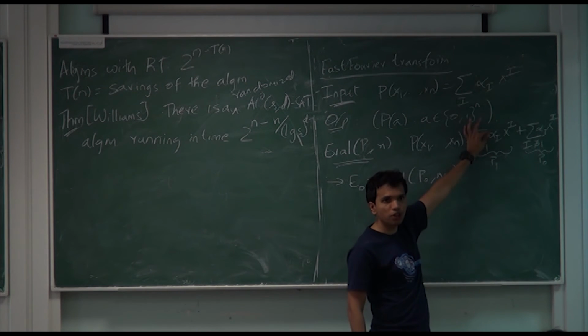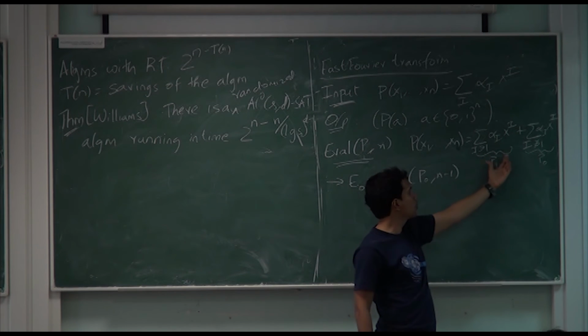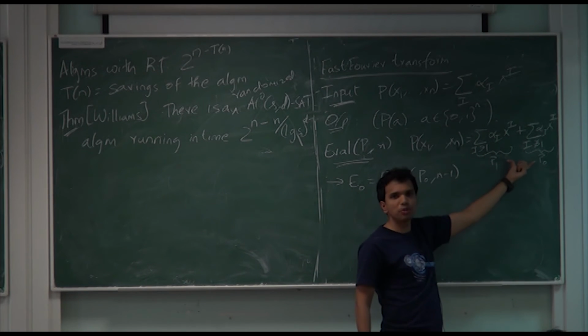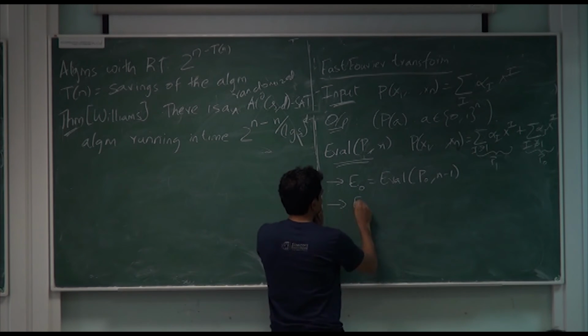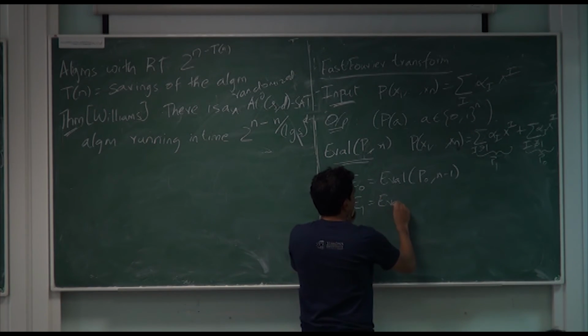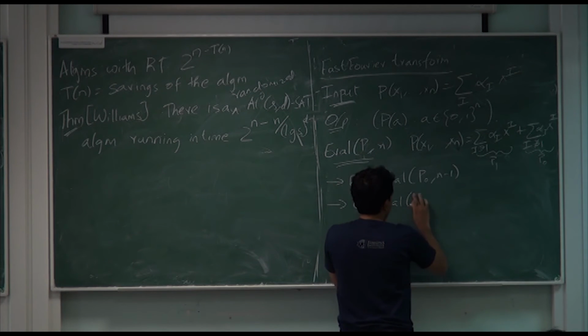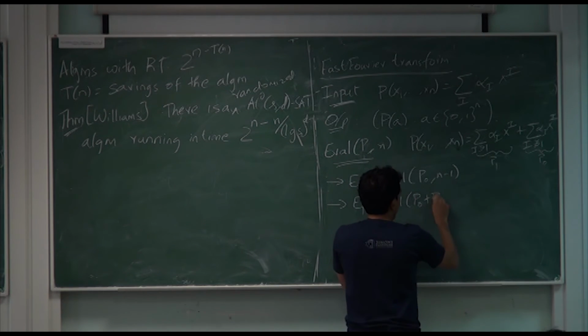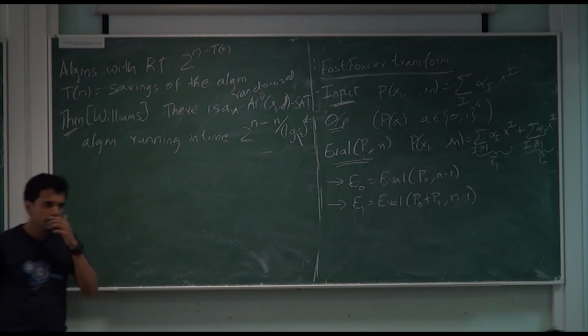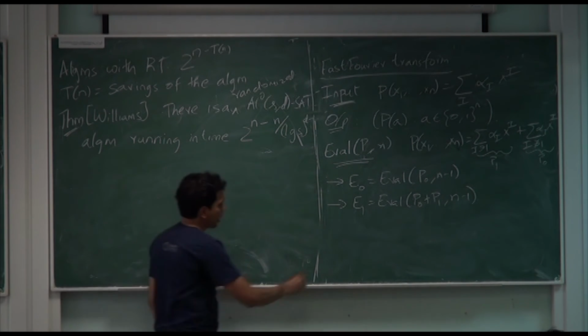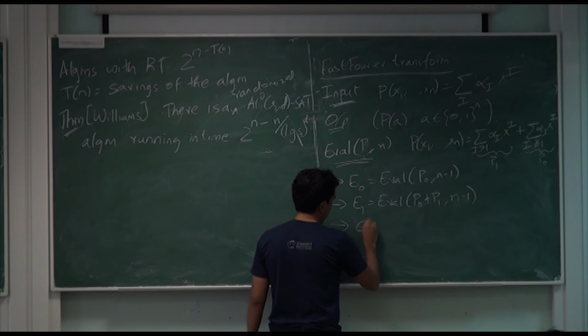It's like I'm substituting x1 equals 1 in here, and the resulting polynomial is just p0 plus p1. And the output is just putting these things together.